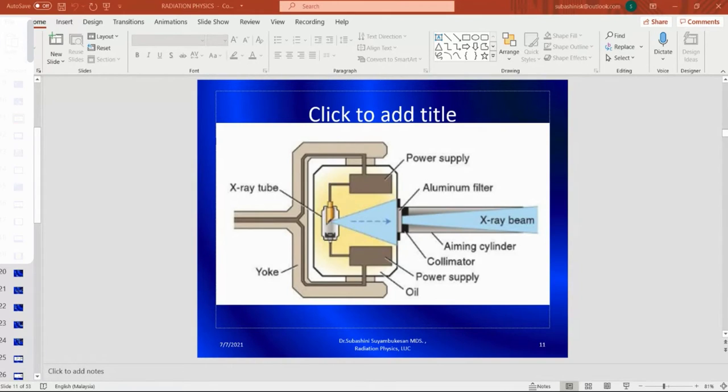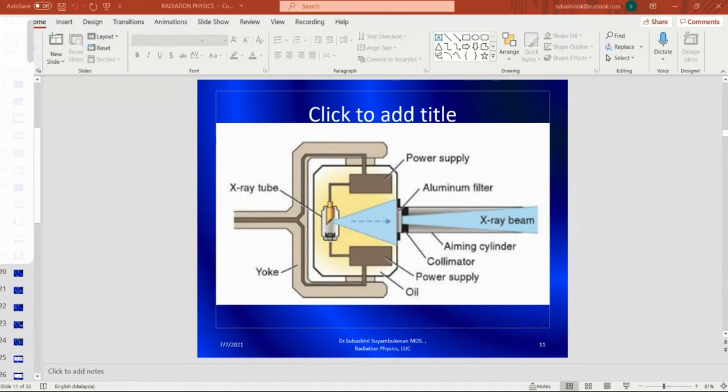The tungsten filament at the cathode is heated and acts as the source of electrons. The anode consists of a tungsten target set in a copper block.